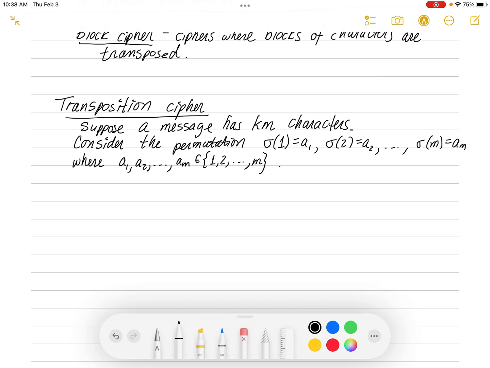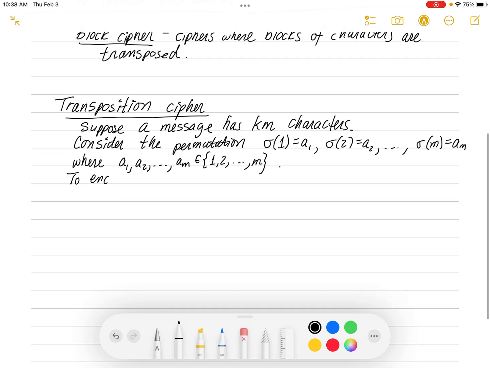And what this is saying, that sigma 1 gets sent to some number between 1 and m. Sigma 2 gets sent to another number between 1 and m. Sigma 3 gets sent to a number between 1 and m, all the way through sigma m gets sent to a number between 1 and m.